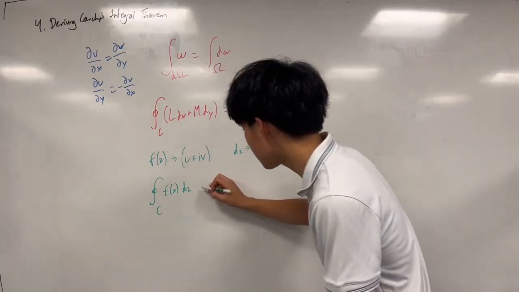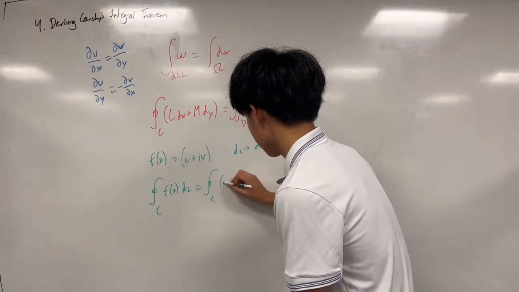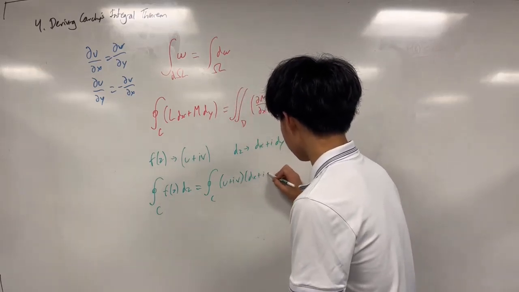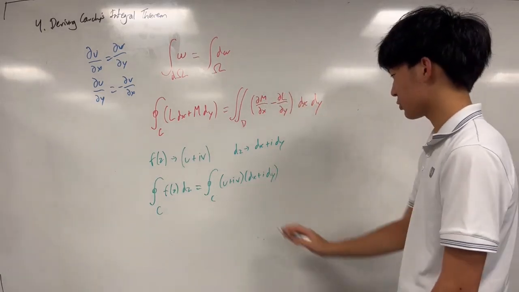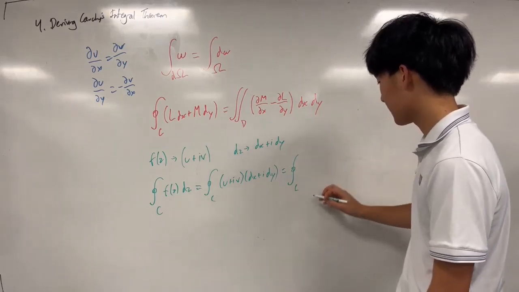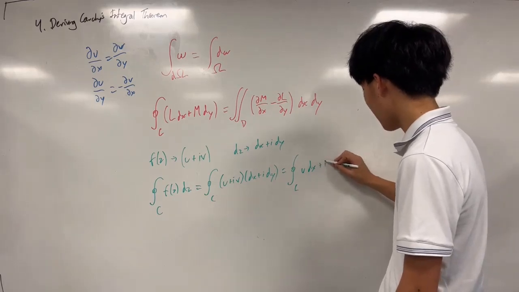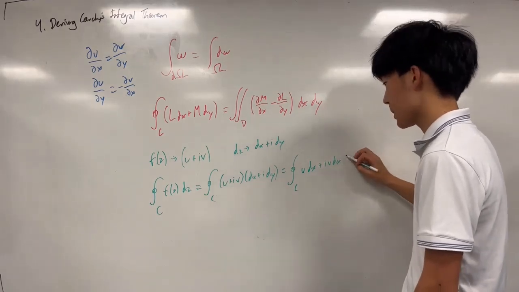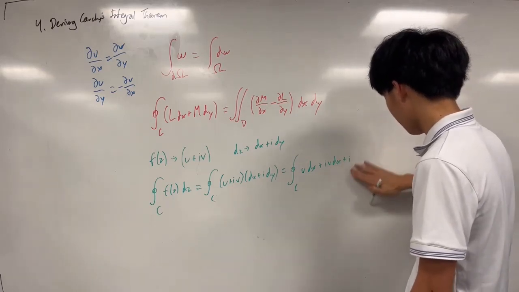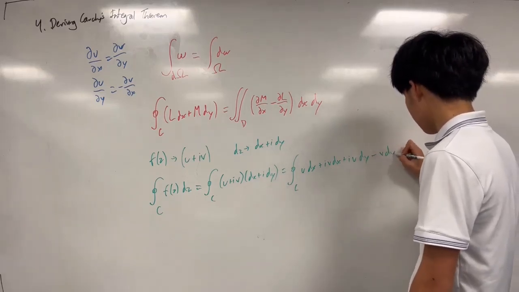And so this becomes the integral over C of u plus iv times dx plus i dy. Then distributing this, we get that this equals the integral over C of u dx plus iv dx plus iu dy minus v dy.